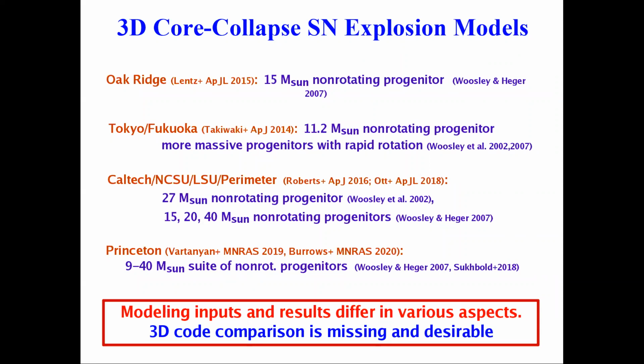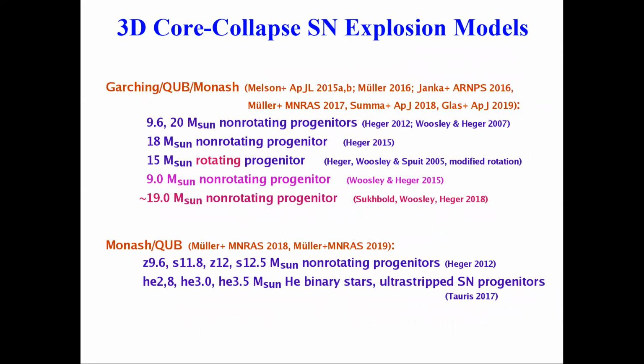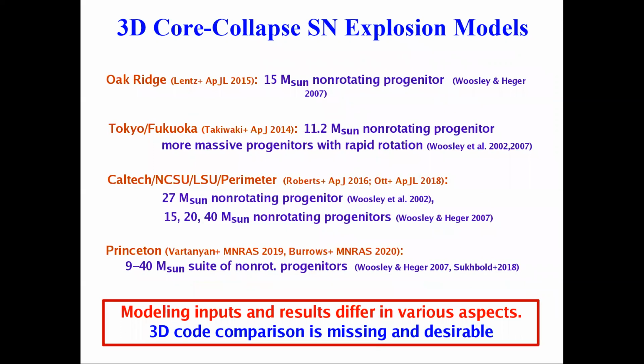In total, adding the large suite of models from the Princeton group, which has simulated about 15 models, and then all the other, let's say about 30 successful 3D models. So my question is, from these 30, is there one specific model that has been successful in 2 different groups? Because each group has different code, different physics, different resolutions.